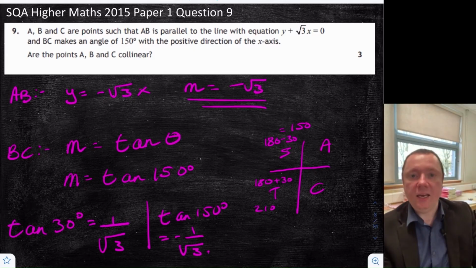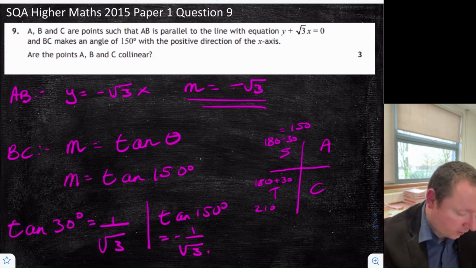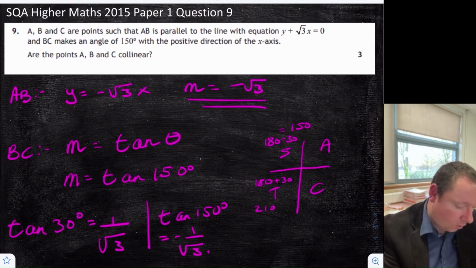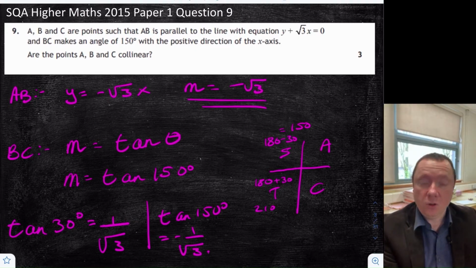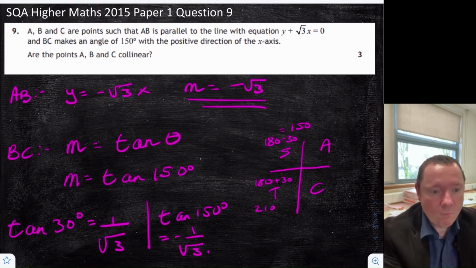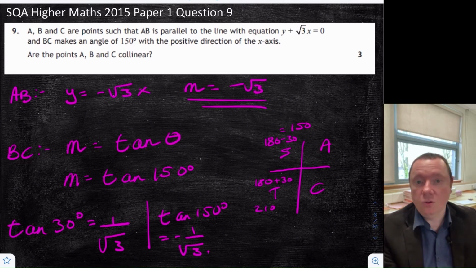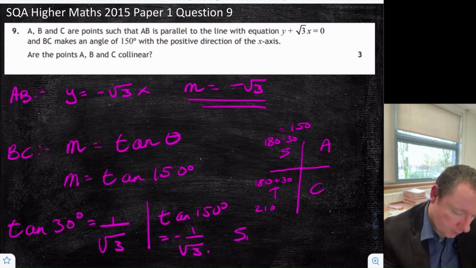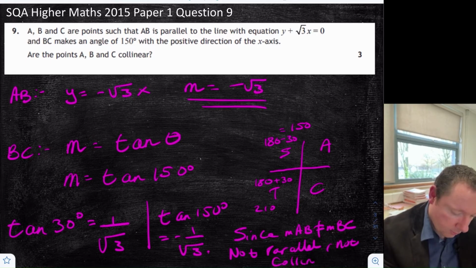And then we can just make a little statement. Since the gradient of AB doesn't equal the gradient of BC, the lines are not parallel, and so they're not collinear.